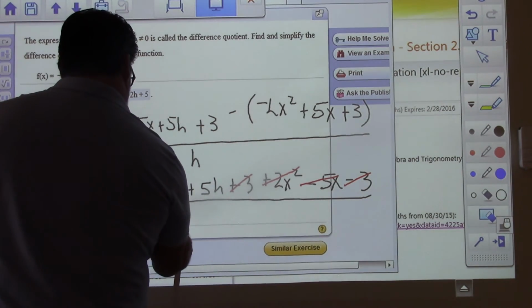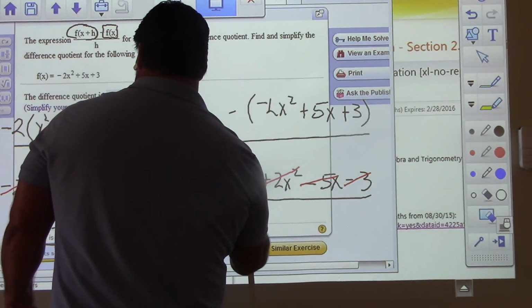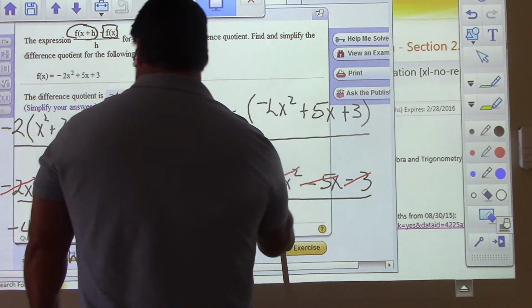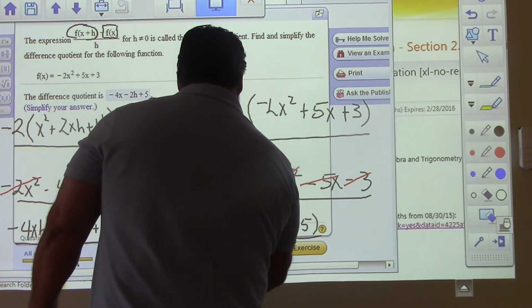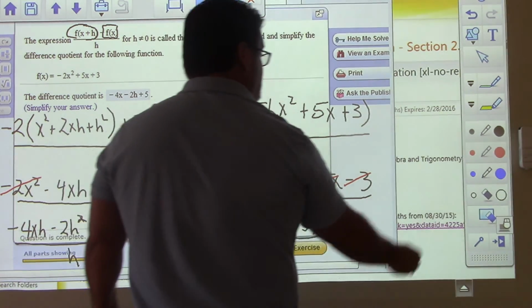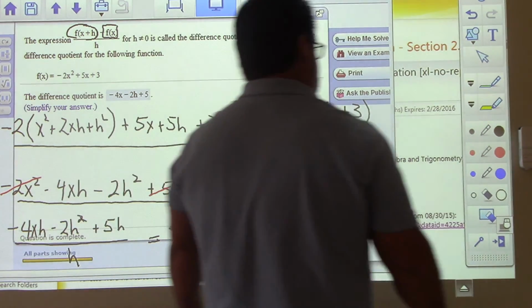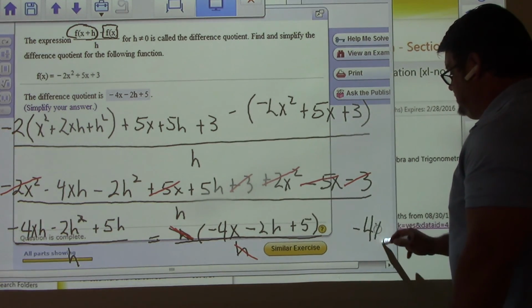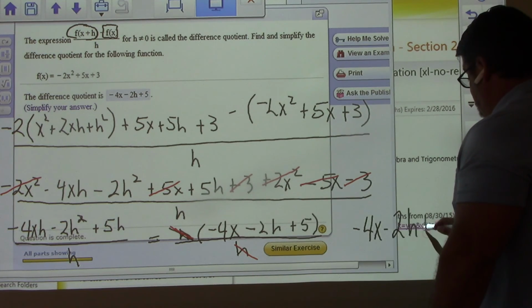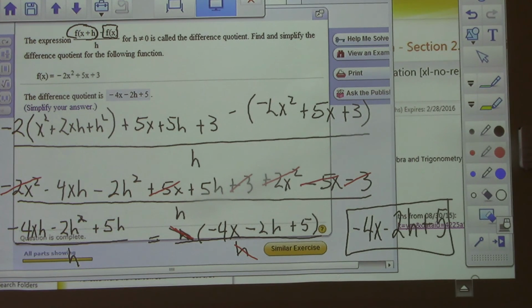And that's going to give us h times negative 4x minus 2h plus 5, over h. And what happens to the h's? They cancel. And the answer to this problem is negative 4x minus 2h plus 5. Negative 4x minus 2h plus 5.